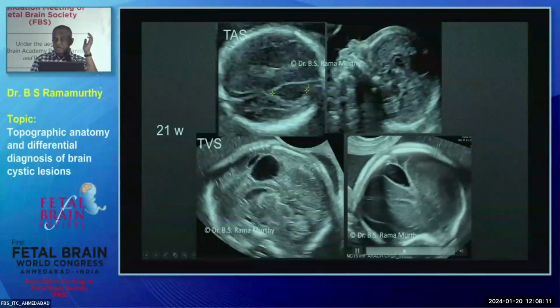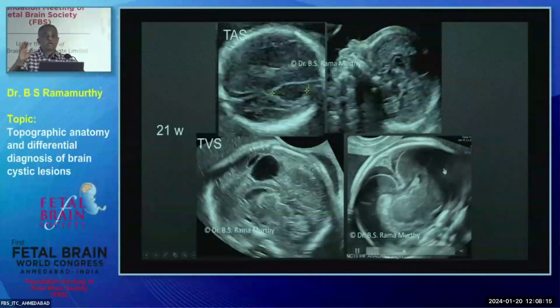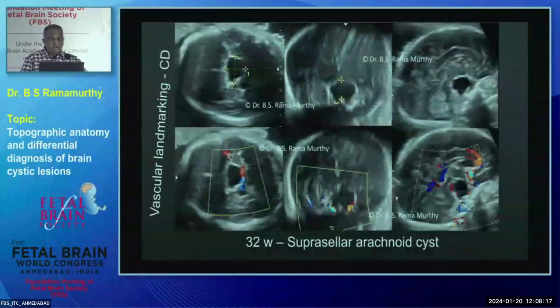And the same thing, you can see the coronal sweep that you have here. The CC is normal. Now here is a place where a vascular landmark has helped you. This is a plane which is lower than your transventricular, transthalamic plane. If you were mechanically going to do those two planes, you would miss this.